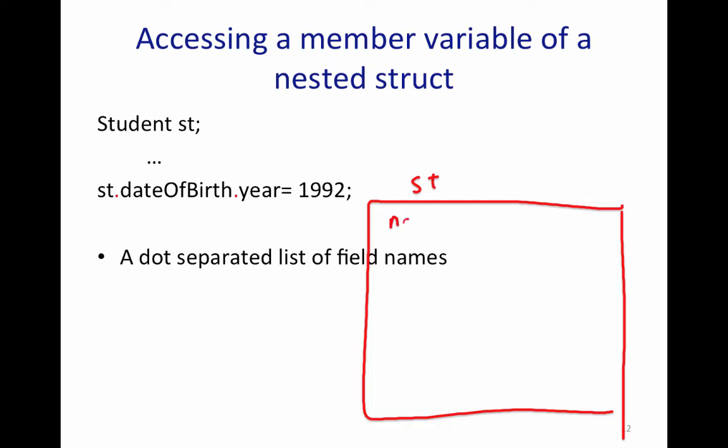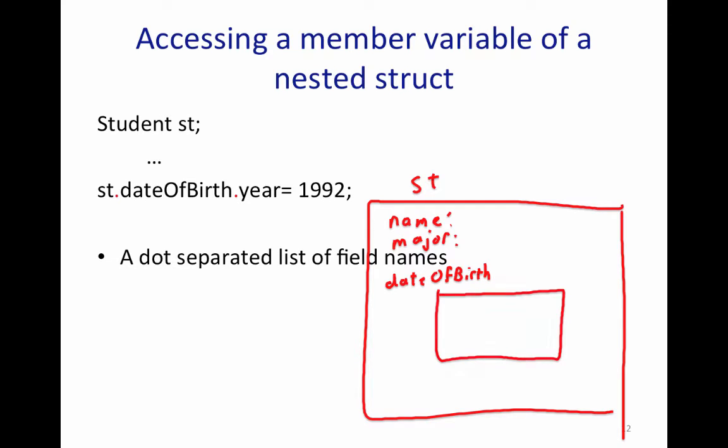So it has a name, it has a major, it has date of birth, and date of birth is itself an object that has month, day, and year.